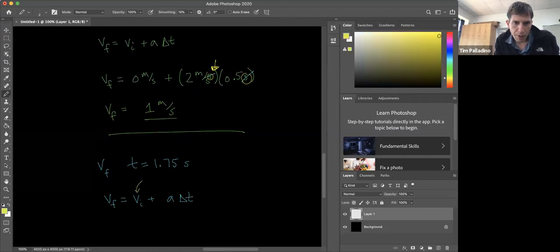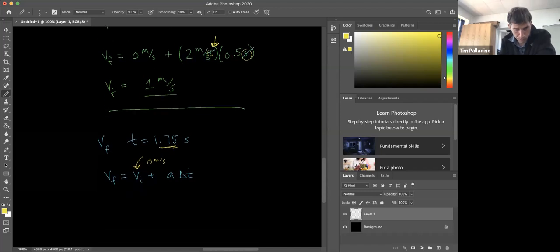This v initial is going to be 0 meters per second. You've started at rest and now you've sped up. What I'd like you to do is find the correct values to put into the other two variables.